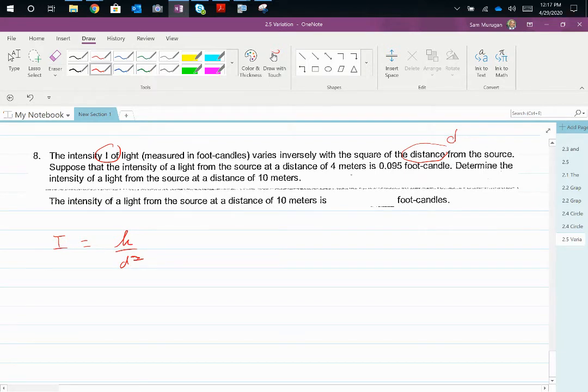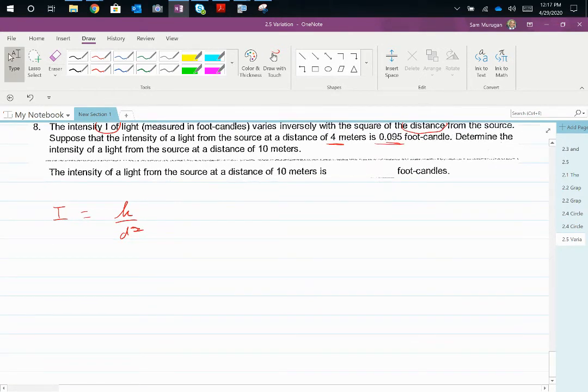Suppose the intensity from a source at a distance of 4 meters is 0.095. So when distance is equal to 4, I is equal to 0.095. So we need to compute K here.